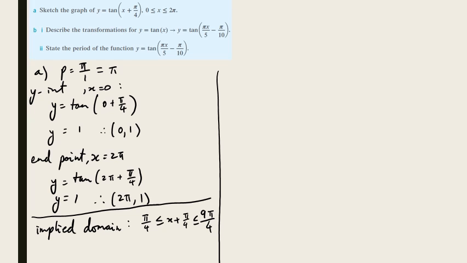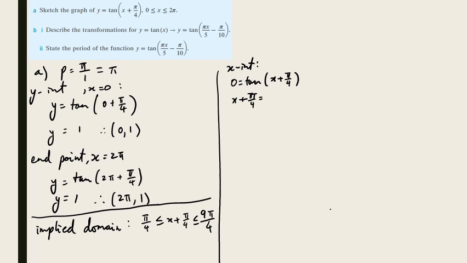Alright, from here we can now solve for our x-intercepts. So y is equal to 0. Nothing too tricky, we just want the ones where it's equal to 0, same thing as before, it's at every pi. So we have x plus pi over 4 equals 0.